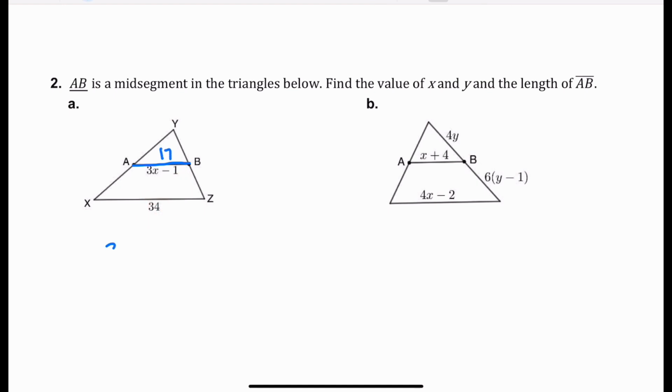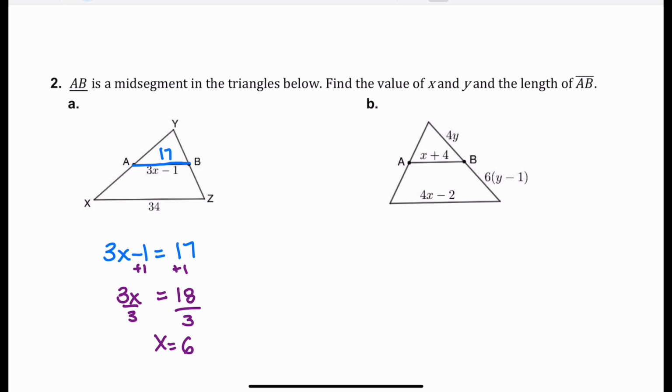So I could just say that 3x minus 1 equals 17. I add 1 to both sides of the equal sign. I get 3x equals 18 here. And 3 times 6 is 18, so x has to equal 6. You could also divide both of these by 3.